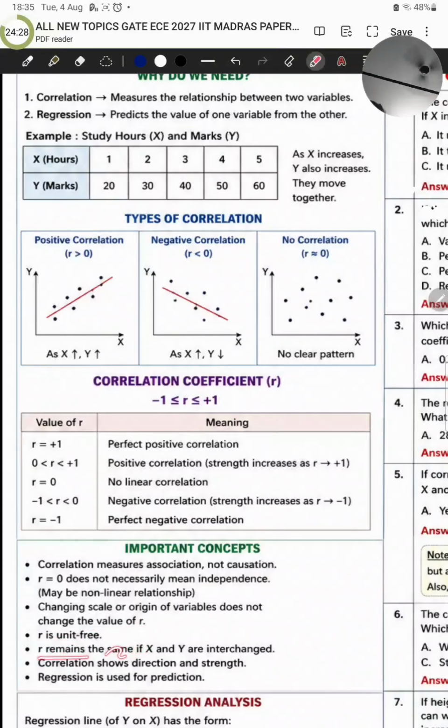Now r remains the same if x and y are interchanged. Correlation shows direction and strength, and regression is used for prediction.